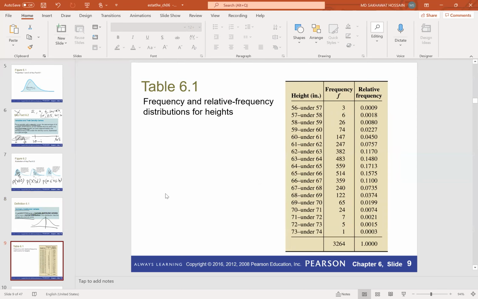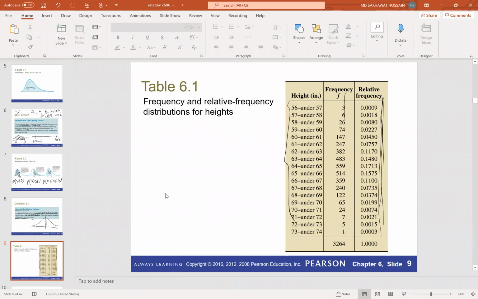Here we have an example: the frequency and relative frequency distribution for heights. Heights are between 56 inches and 74 inches. These are the possible values, and we have the frequency and relative frequency. The relative frequency represents the percentage or probability.